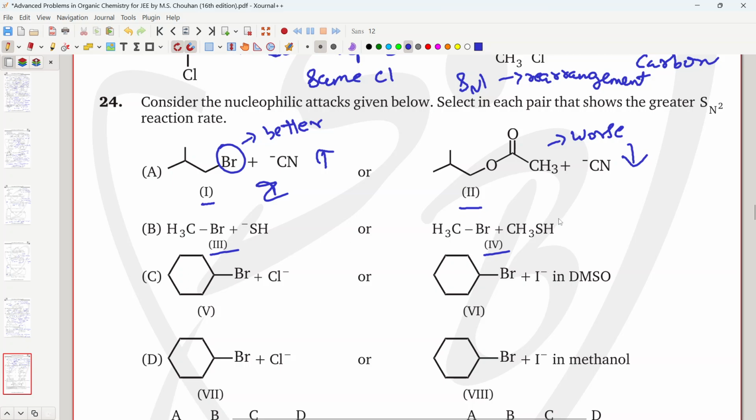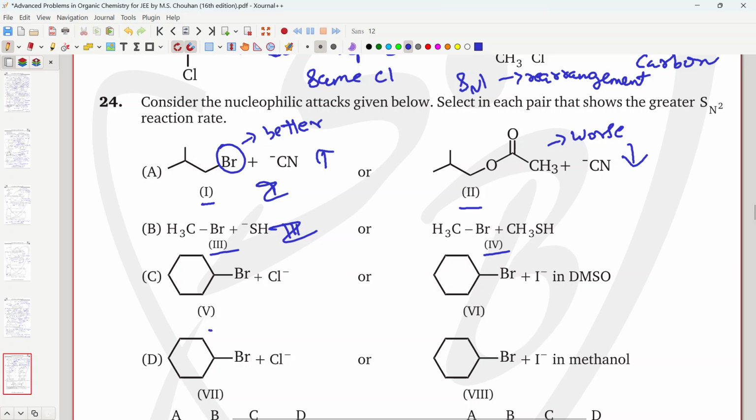Wait, there is no plus. Sorry. The nucleophile is thiol in both drawings, but 3 corresponds to the less hindered and better nucleophilic situation. So 3.